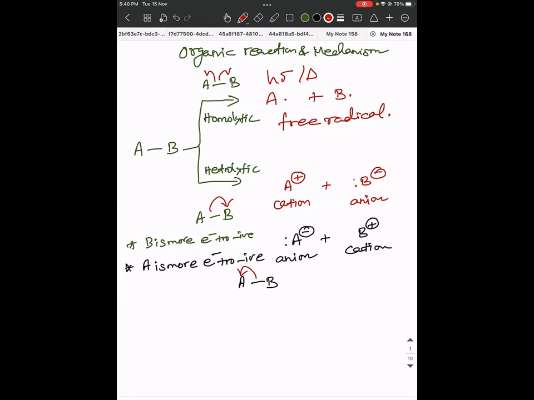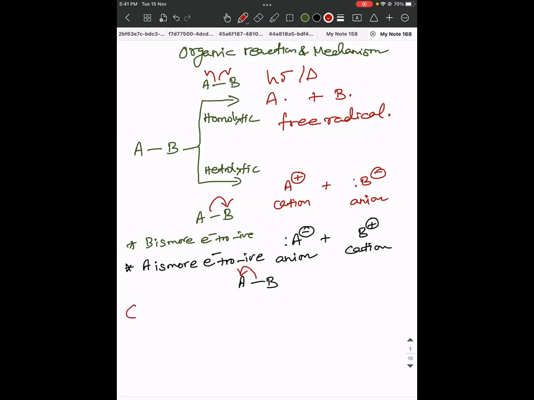The formation of carbocations and carbanions takes place in heterolytic cleavage. It won't take place in homolytic cleavage. That you should not forget. Now, what is a carbocation? Cation means positive charge, anion means negative charge.